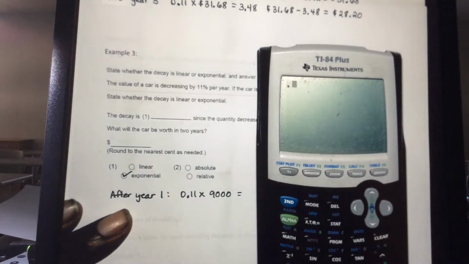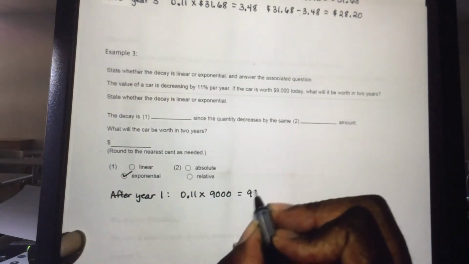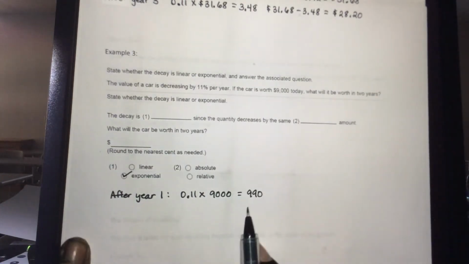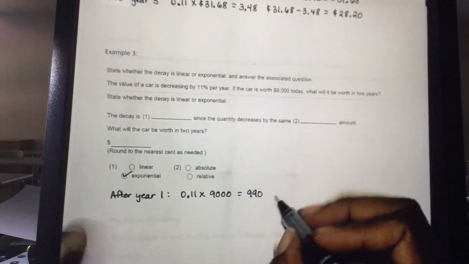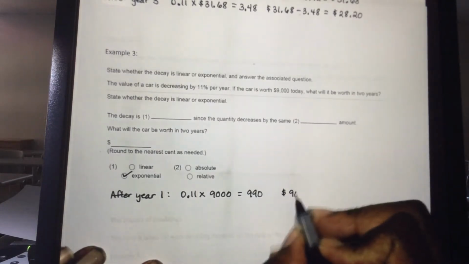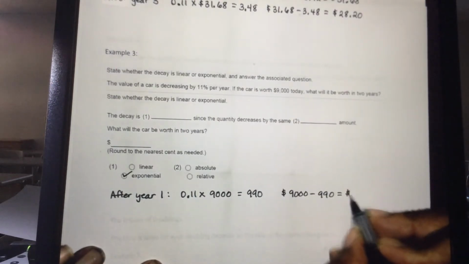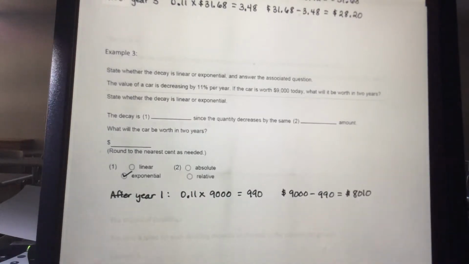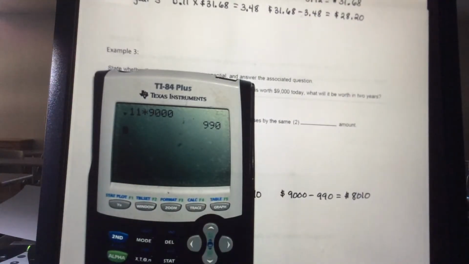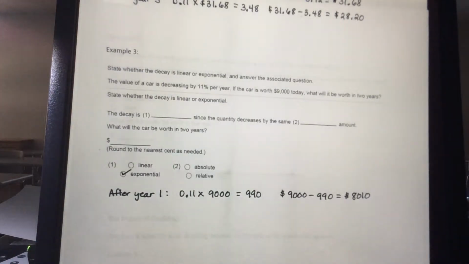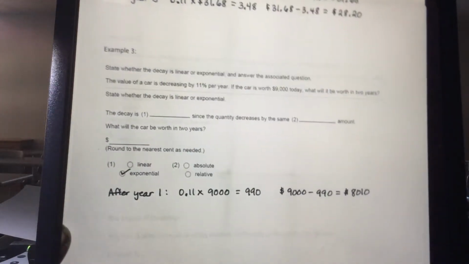So if I do 0.11 times 9,000, the amount of that decrease will be $990. But I have to subtract $990 from the $9,000. So 9,000 minus 990 will give you $8,010. So after the first year, the value of the car is going to be $8,010.